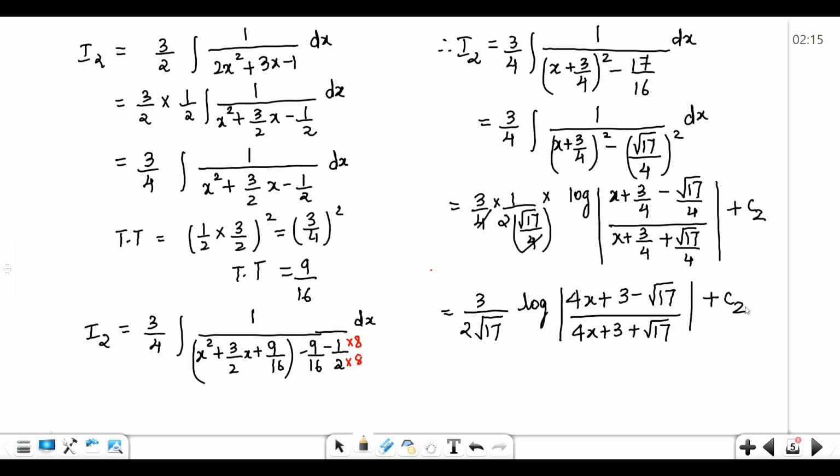Okay, so we have got the value of I1, we have got the value of I2. So we'll write the final answer here.